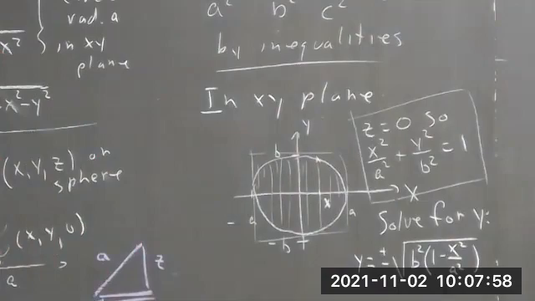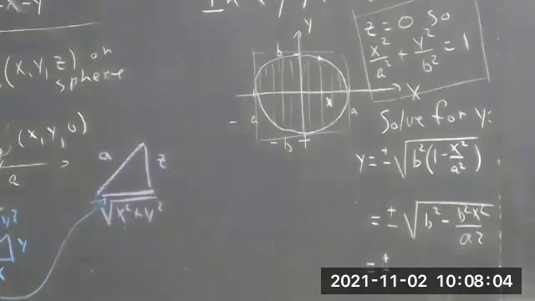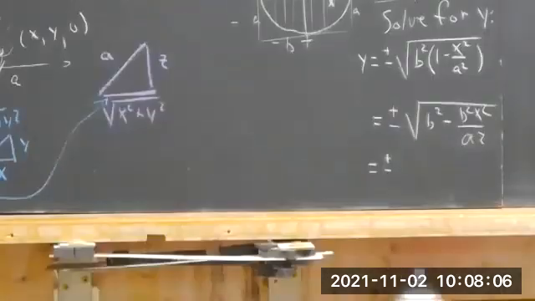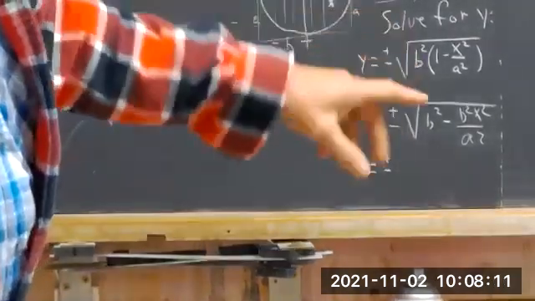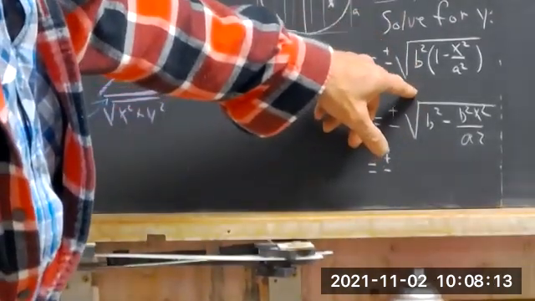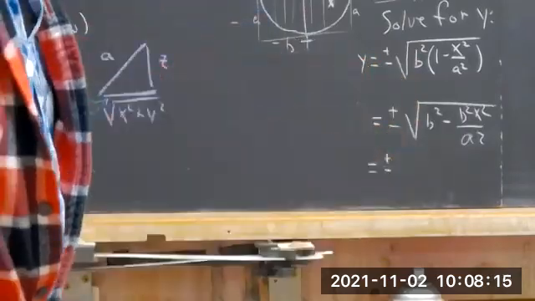I think we're into the watermark here, and I think I'm writing below. Actually, yes, I did have this. Okay, well, solving for Y, you're going to get this. It could be expressed like this.